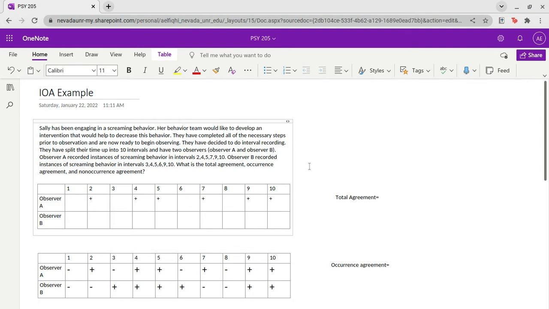I'm just going to use pluses and minuses because that's easier for me to put in, but whatever works for you, again, is good. And then observer B has them in intervals 3, 4, 5, 6, 9, and 10. And so then the other ones would be non-occurrences, so we'll fill those in.